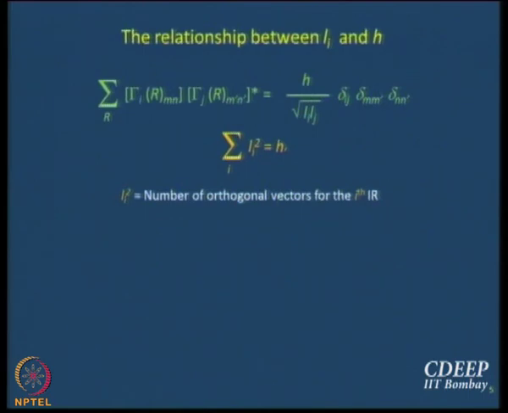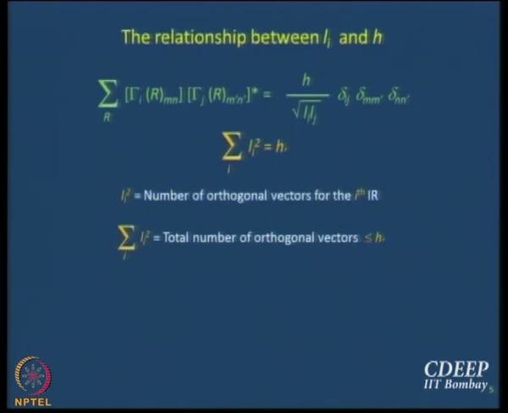Do you agree with me that Li square is the number of orthogonal vectors that I get for the ith IR? Each matrix is Li by Li. So Li square is the total number of matrix elements. So if you take a sum of that, then that will give you the total number of orthogonal vectors.